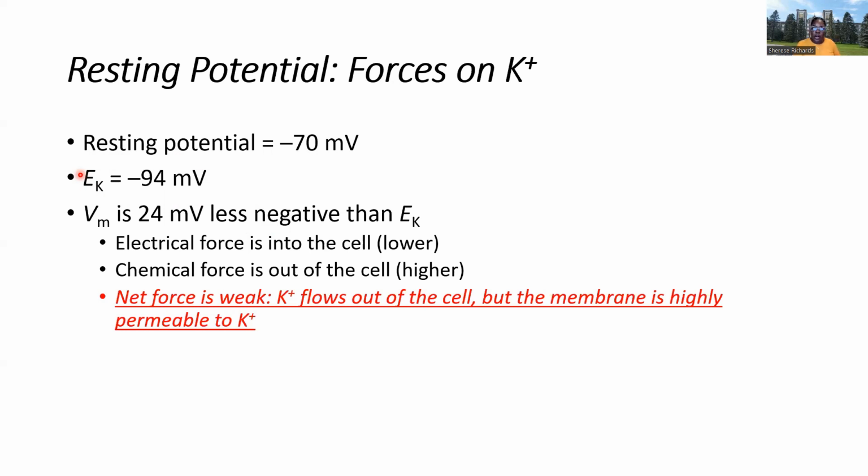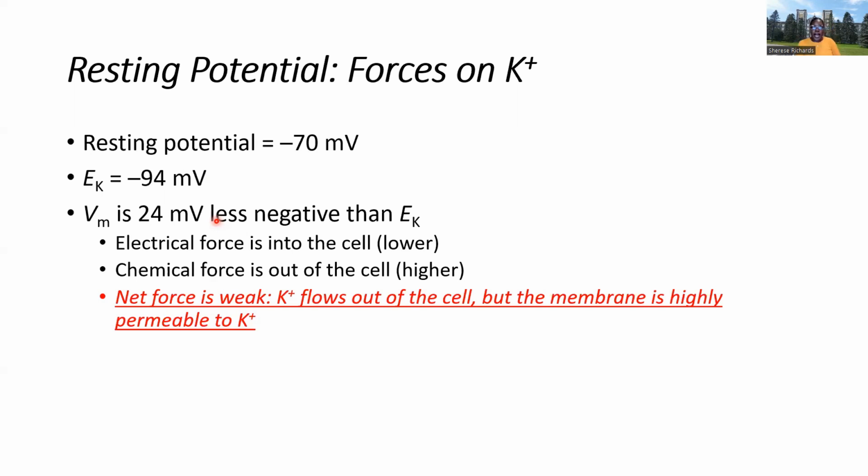In other words, it's no longer moving, its forces are equally balanced out at -94 millivolts. Therefore, when the cell is at rest and the resting membrane potential is -70, it is 24 millivolts less negative than where potassium is at home. All right. Therefore, it's going to want to move to get to that value. And so it is going to move out of the cell.